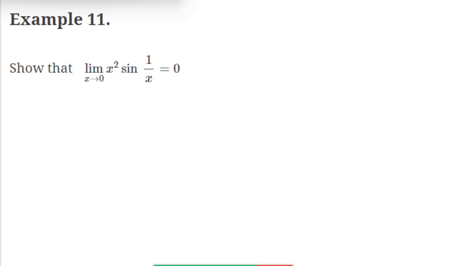All right, so remember what I was talking about with sine. We know that sine of 1 over x has to be greater than or equal to negative 1 and less than or equal to 1, because sine's got to be between those two numbers.